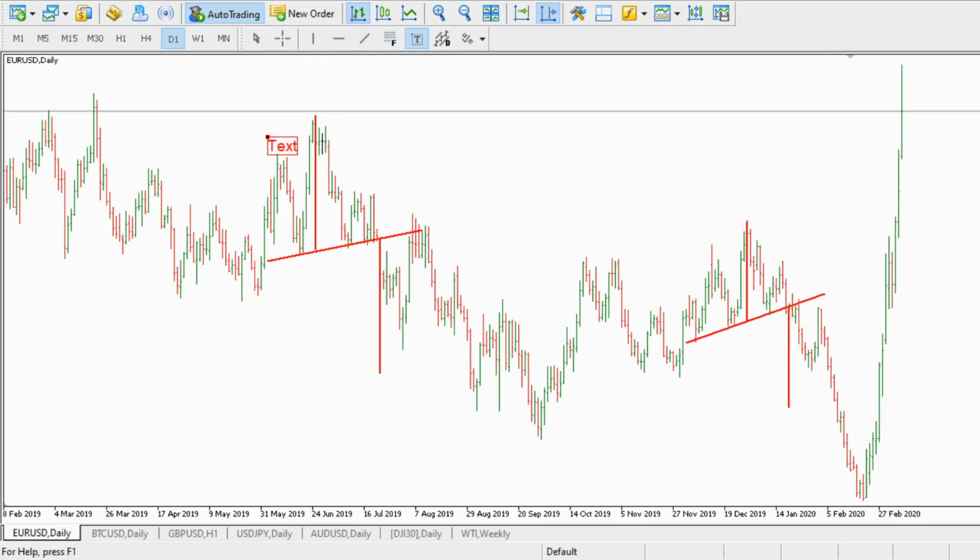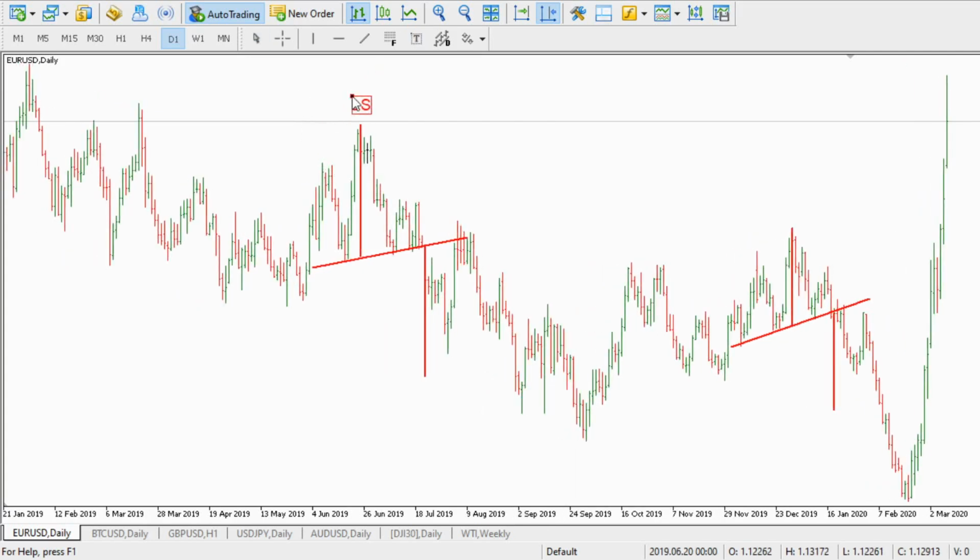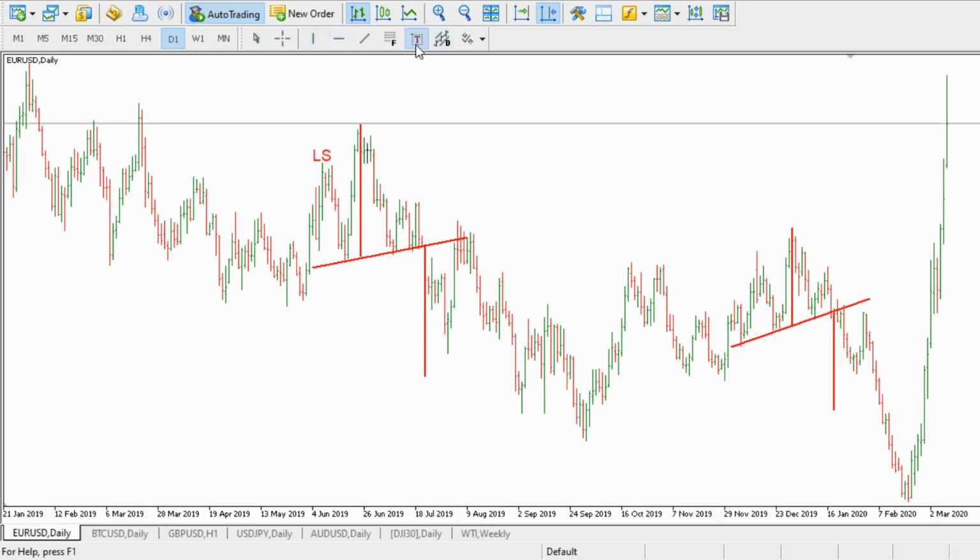Let me just point out, I'm sorry, this is the left shoulder, here is the head, and here is the right shoulder.